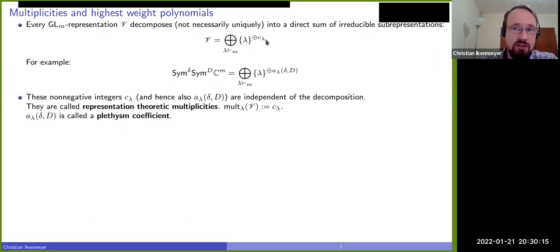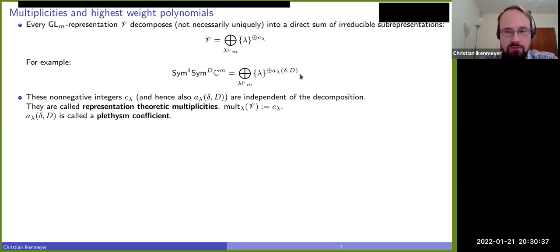And they are independent of the decomposition itself. So the decomposition might not be unique, but these numbers are well-defined, independent of the decomposition, and they are called the representation theoretic multiplicities. So that would be a multiplicity. And this specific coefficient here is called the plethysm coefficient.